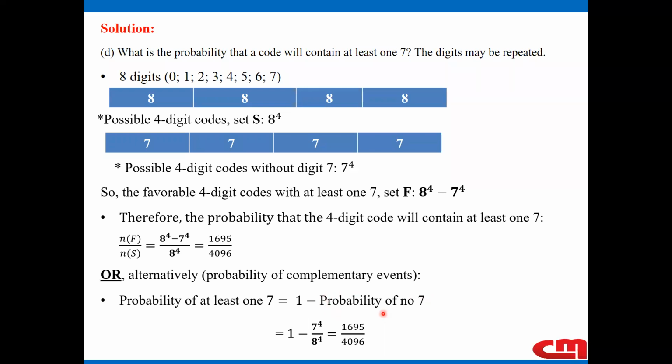So the probability of no 7, here we have the favorable outcomes, there is no 7 in here, right? So the probability of no 7 will be 7 to the power of 4 over 8 to the power of 4, which is this one. That is 1 minus 7 to the power of 4 over 8 to the power of 4, where the second part is the probability of no 7. Then when you subtract this, you get this figure.